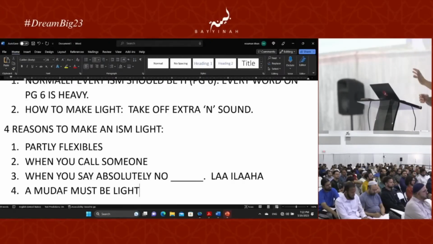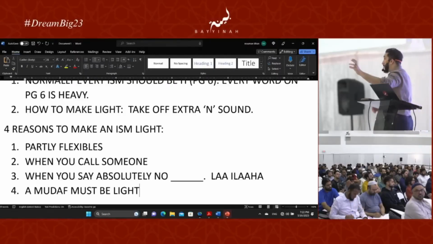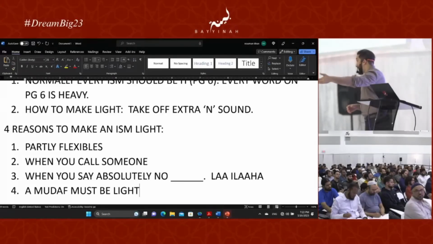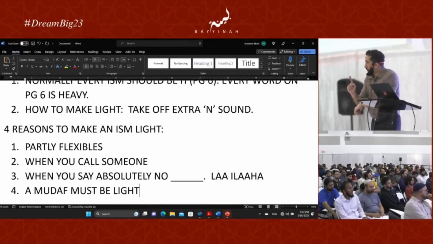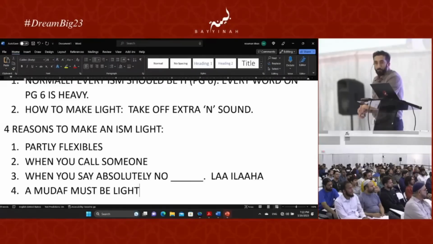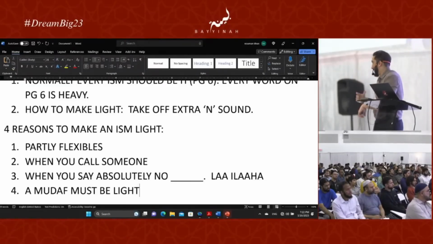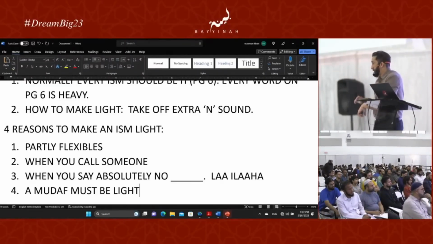Okay, if I tell you this word is an ism, and then you discover that that ism is light, then you must know why it is light. And how many reasons will you find for it to be light? These 4. It's got to be one of these. It has to be. It'll fit one of these.